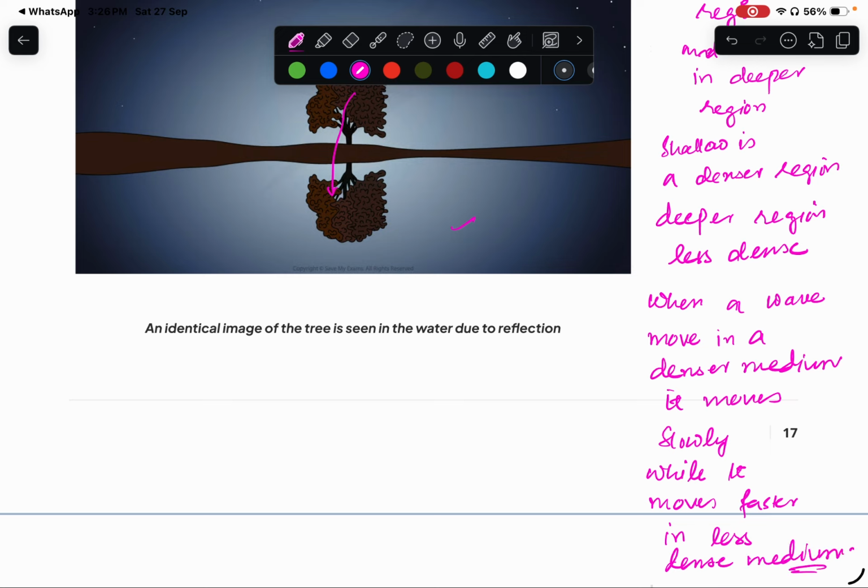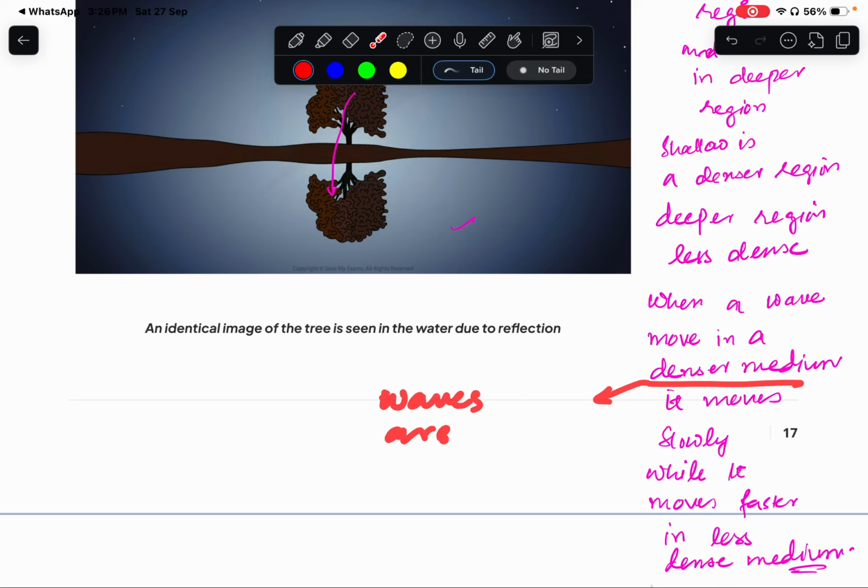This is very important to remember: what happens to the waves or wavefronts when they enter from less dense to more dense medium. Obviously your speed will be affected. In this denser medium, the waves are experiencing more resistance.